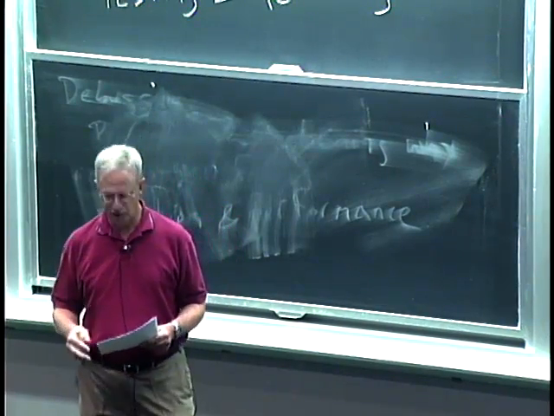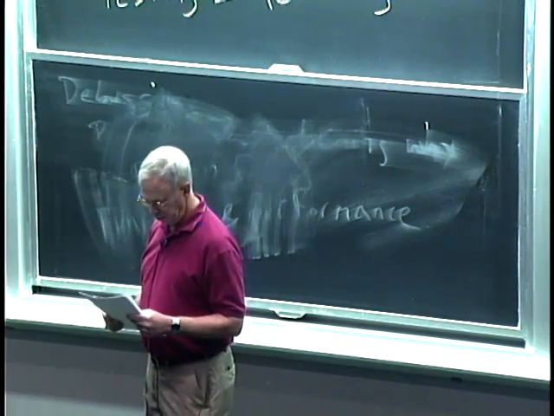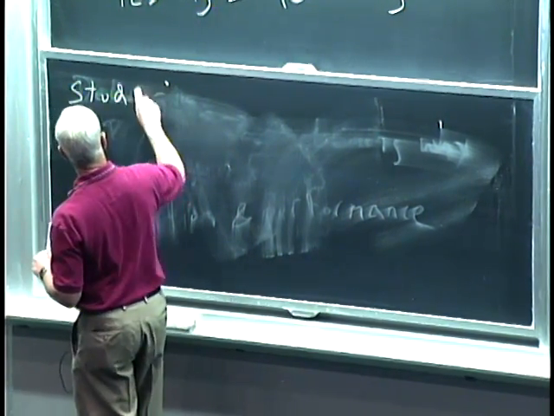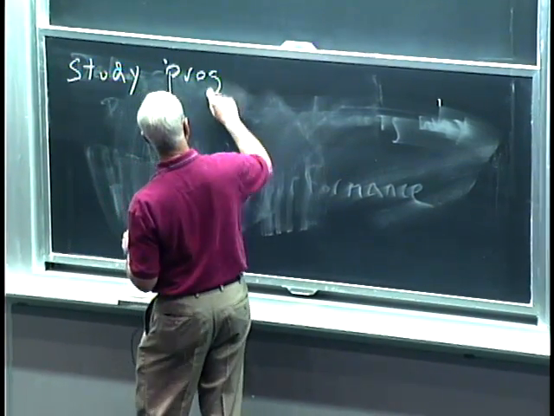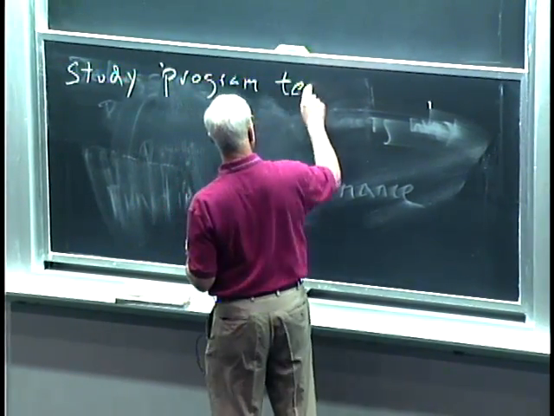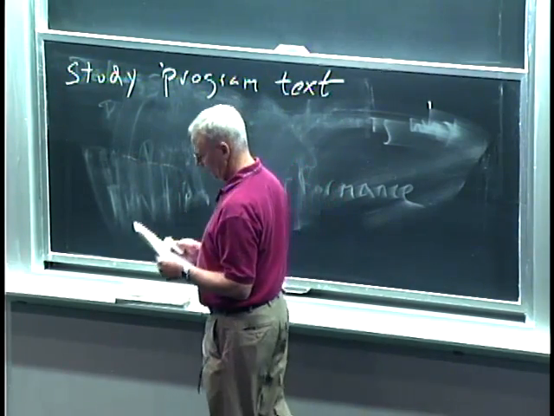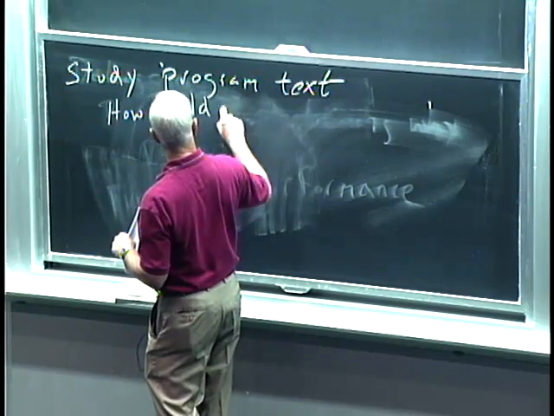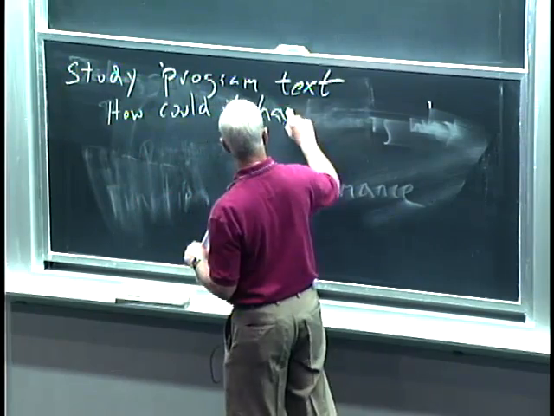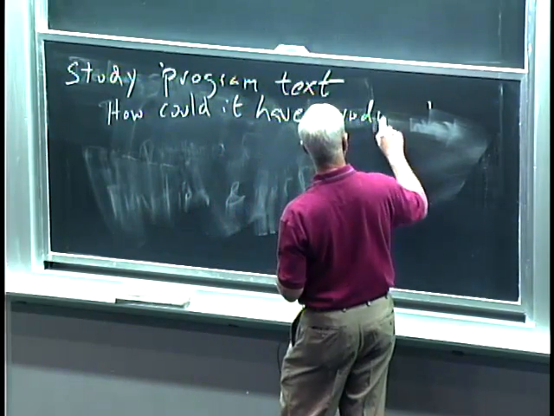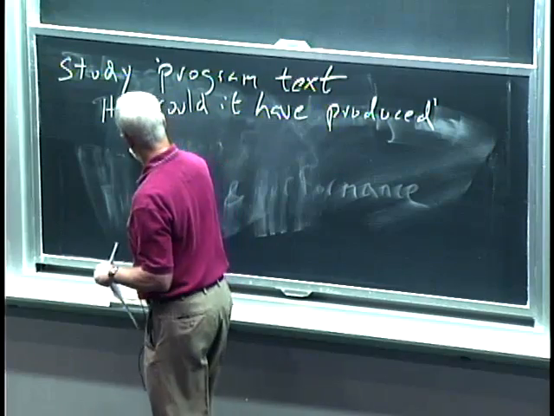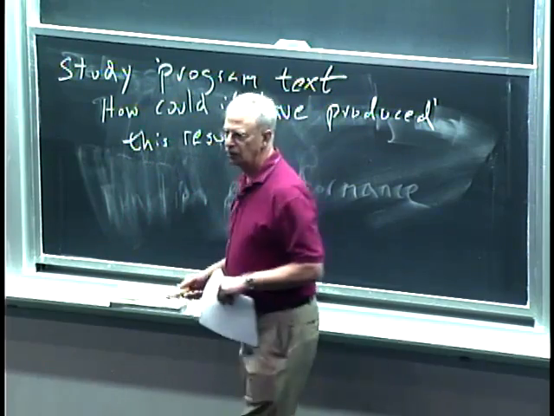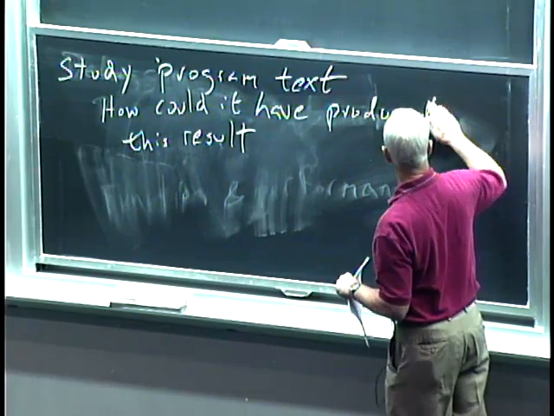So debugging starts when we find out that there exists a problem. So the first thing to do is to study the program text and ask, how could it have produced this result? There's something subtle about the way I've worded this.